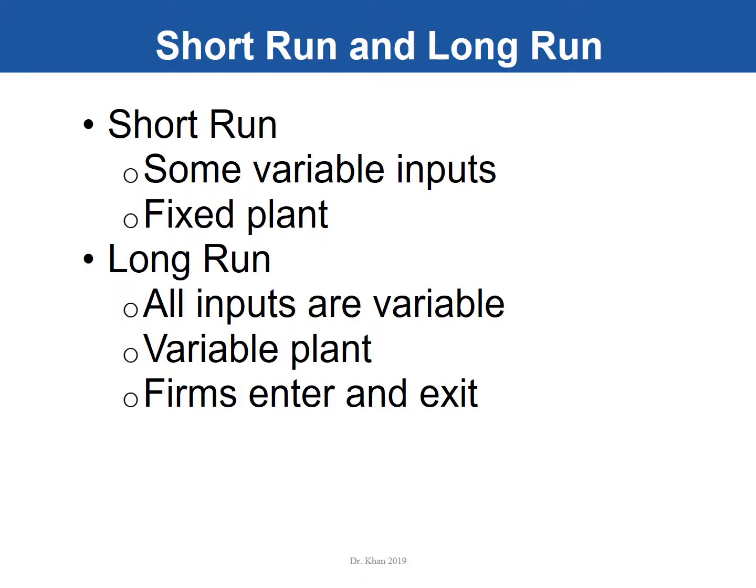So remember, there are 4 basic factors of production: land, labor, capital, entrepreneurship. In the short run, at least one of those 4 elements will be fixed. But in the long run, all those inputs, all those ingredients of production are subject to change. And in the long run, firms are allowed to enter and exit, right?